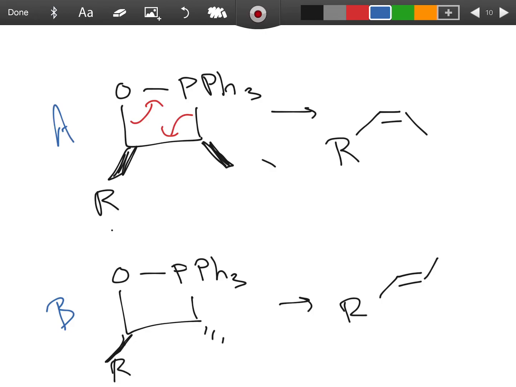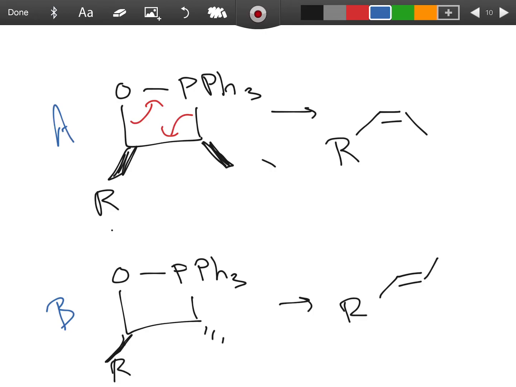The first is a cycloaddition mechanism where, instead of acting like a Grignard type reaction where you add to the carbonyl carbon with a carbanion, it instead acts more like a Diels-Alder reaction, where all your electrons are moving at the same time and you make a ring in a single step.